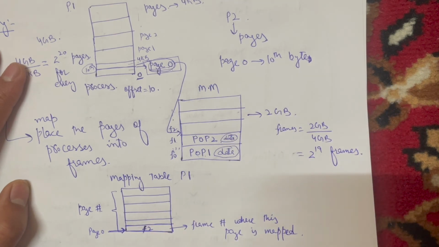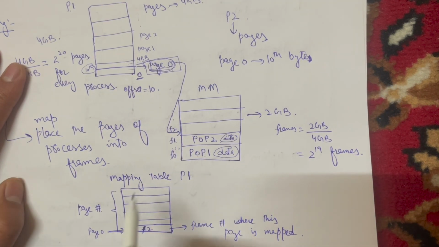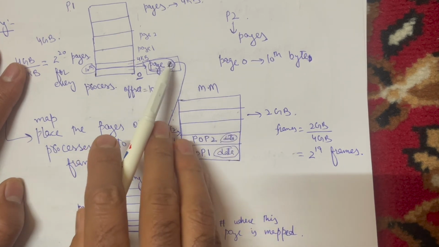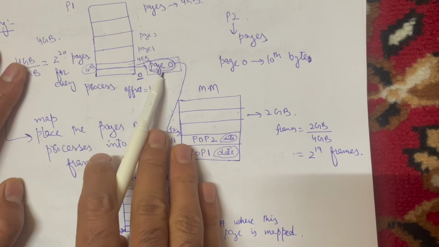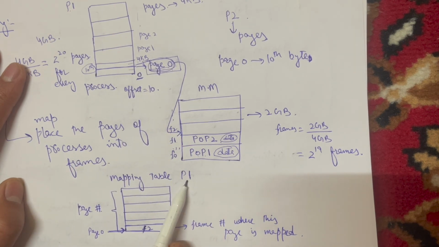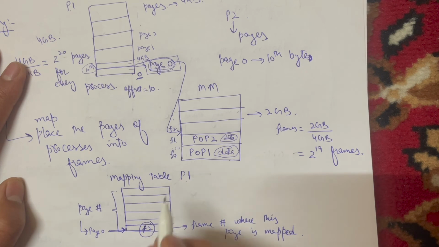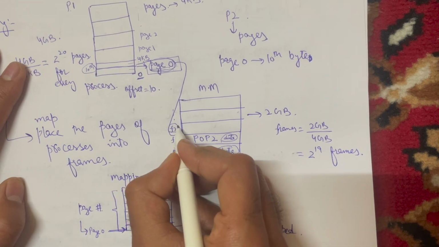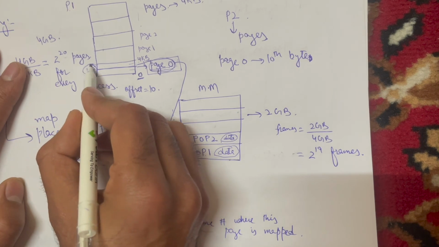Now I have to get that byte from the main memory. In the main memory, I will first find out where this page is placed, and I can get that information from the mapping table of P1. I will see this page is stored at frame F2, and in this frame I have to get the 10th byte.